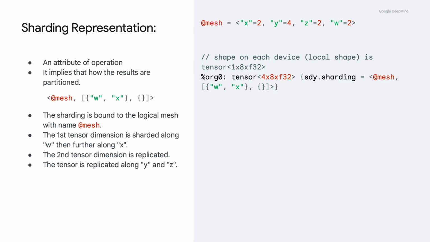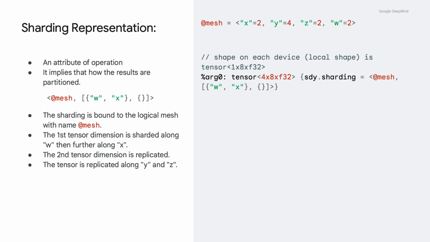Sharding is an attribute of the operation which defines how we partition the results of this operation. In this example, we have a mesh of 2 by 4 by 2 by 2, corresponding to a total of 32 devices.